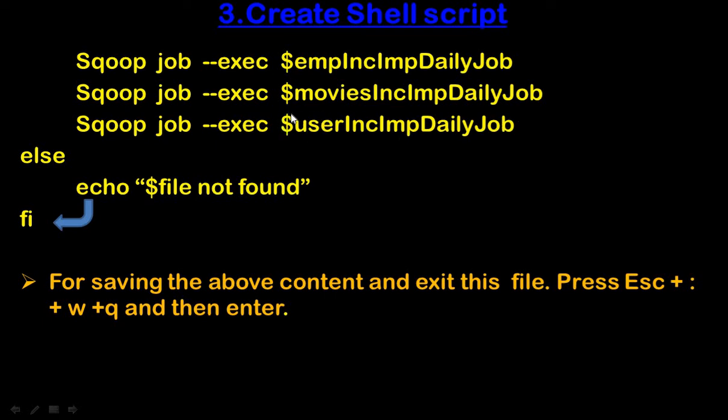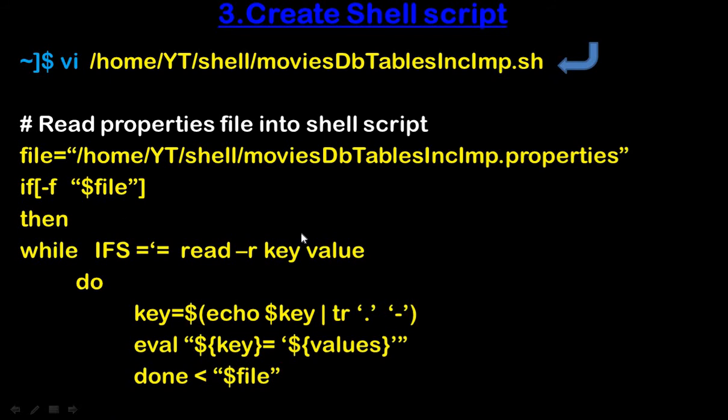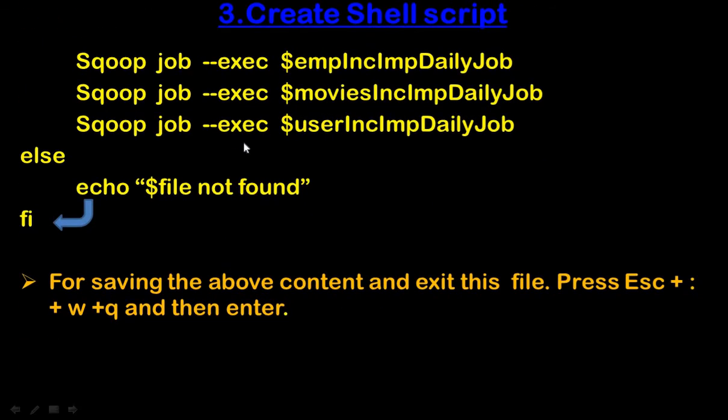It means the variable of the third Sqoop job. So like this way we can create a shell script for execution of jobs, because in organizations we do maximum things using shell scripts.